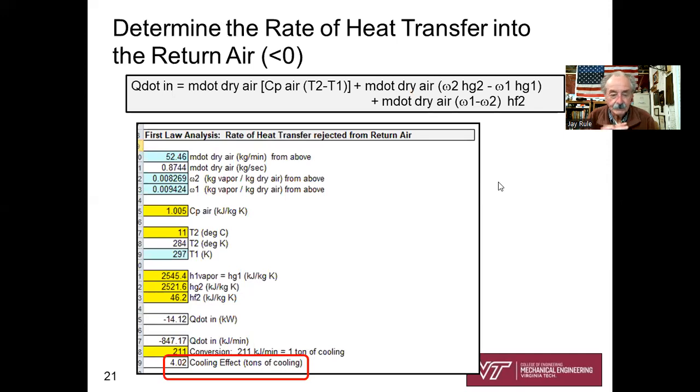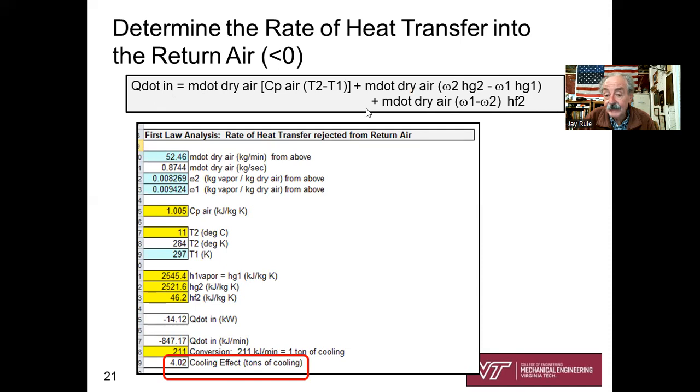Okay, so now, again, please excuse my blunder, but I've gotten things straightened out here. Q dot N is equal to m dot of dry air times the enthalpy change of the dry air plus m dot of the vapor at 2 times enthalpy at 2 minus m dot of the vapor at 1 times H1, okay?